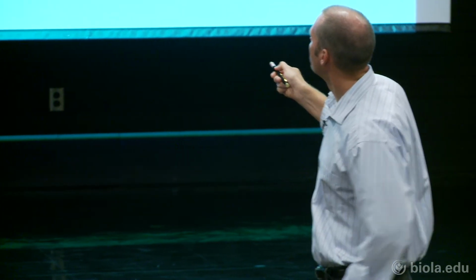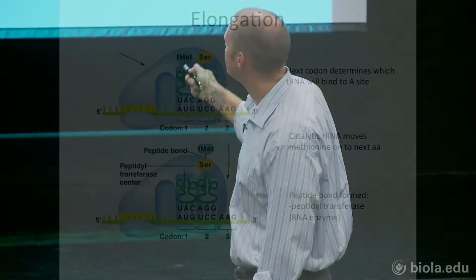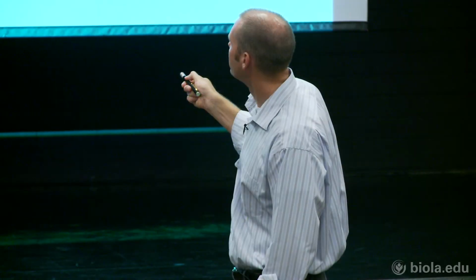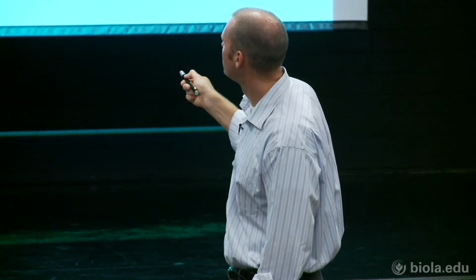So this is the A site, the amino acid addition site. That's just determined because that's where the ribosome is sitting down, right? If the AUG was not there, if it was AUG here, I would have shifted over a bit and I'd be reading a different frame, right?